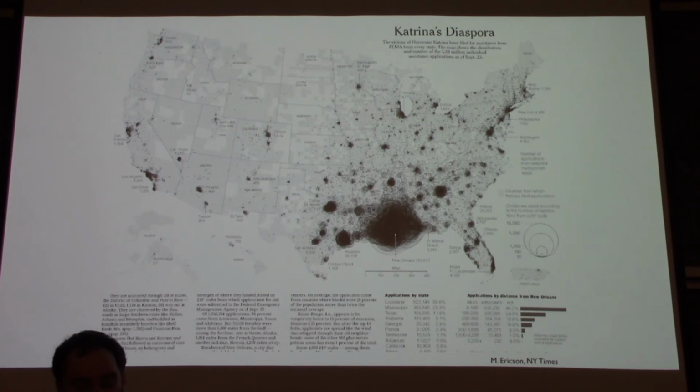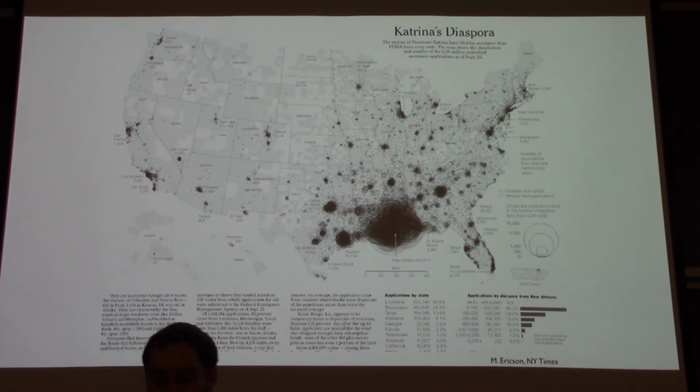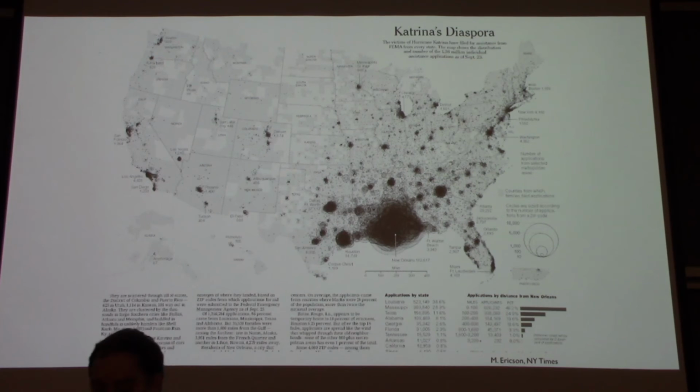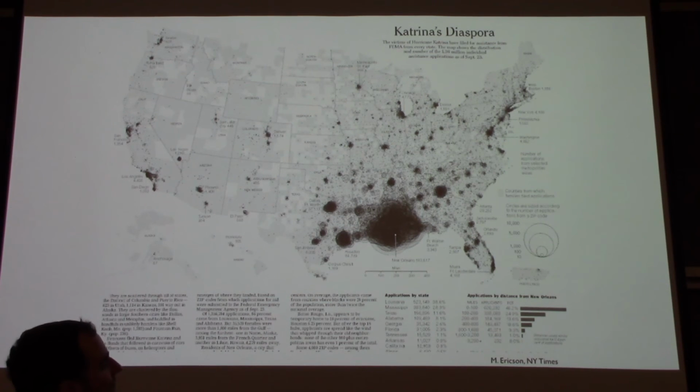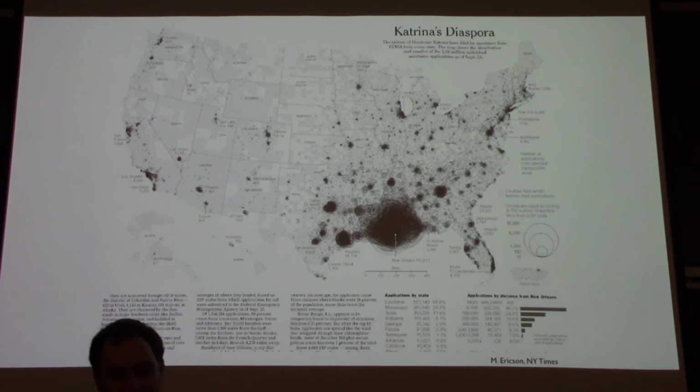This one shows Katrina's diaspora, which is of course centered around New Orleans. I think this is a pretty effective map because it gives you a global overview, but it's really hard to read individual data points.